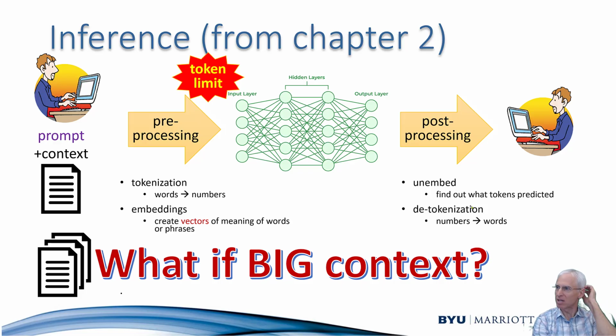I'm sorry, getting a little ahead of myself here, but there are limits to how many tokens you can feed into a large language model at one time. And perhaps even more relevant, these things can cost money. You pay per input token. There's a cost per million input tokens, and trust me, you can burn through that pretty fast if you have a lot of context. Context is good, but it can be costly.